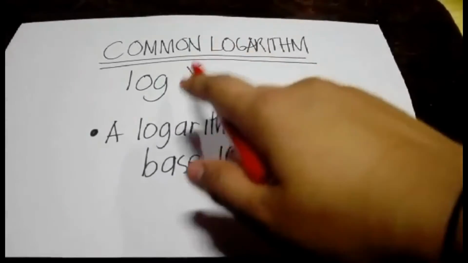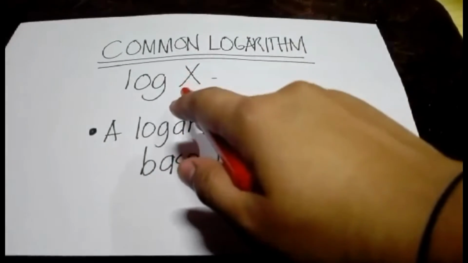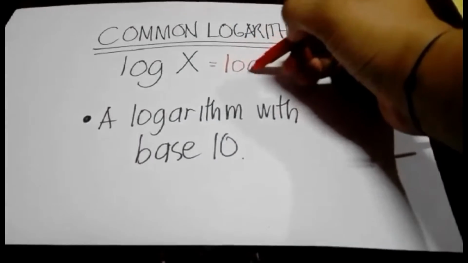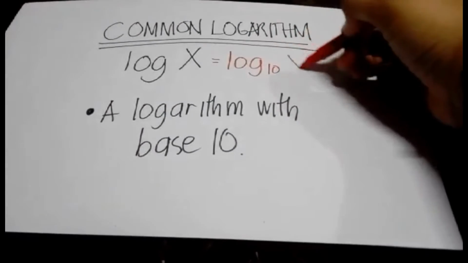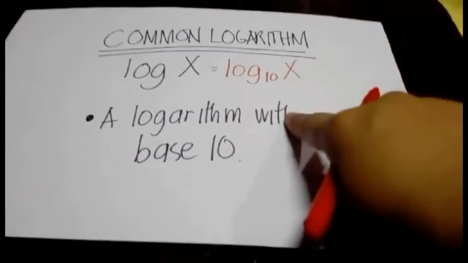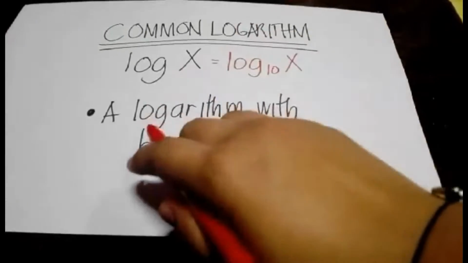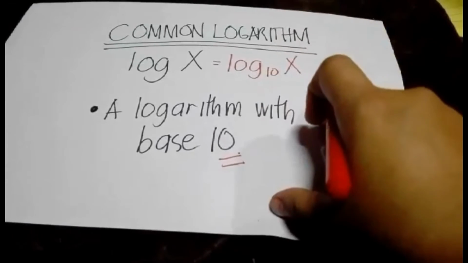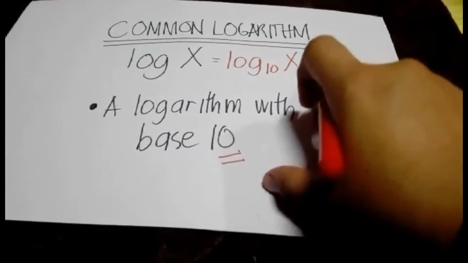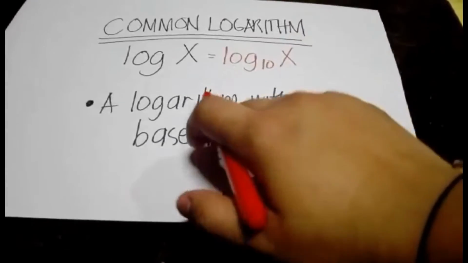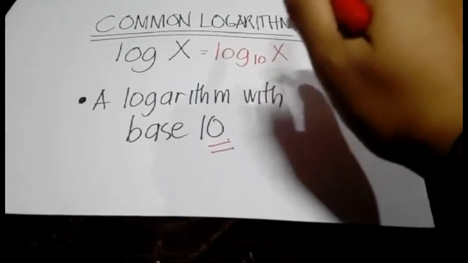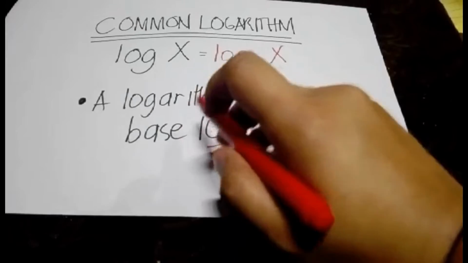Now, there's no base written down here, but it really has a base, and it's going to be base 10. Because a common logarithm is a logarithm with base 10. And so, whenever you see a log with no base, or a little number down here, it's going to be a logarithm of that.